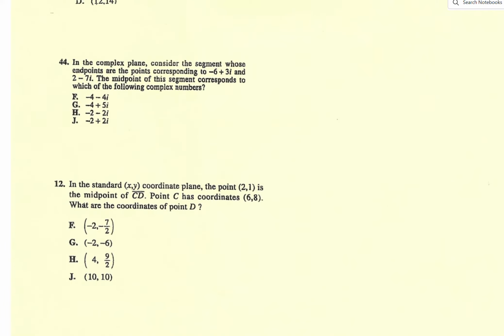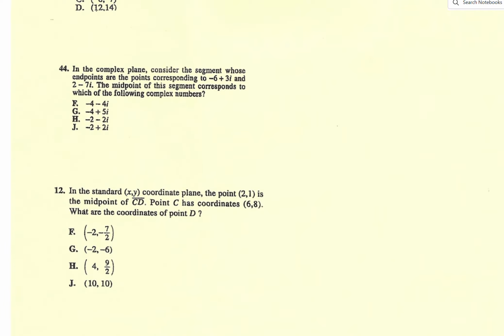All right, here's another way that they'll do this too. Don't let this one intimidate you. It says in the complex plane, consider the segments whose endpoints are negative 6 plus 3i and 2 minus 7i. The midpoint, so again, they're asking for the midpoint, corresponds to which set of numbers. It looks a little bit different, but it's still a midpoint question.